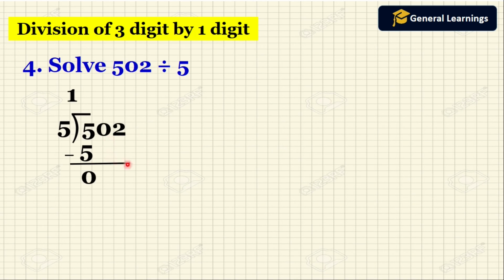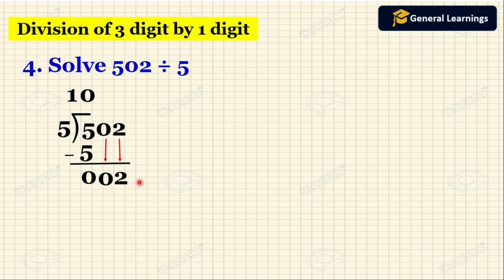Now bring down the next digit, which is 0. Here 0 is smaller than the divisor 5, so we cannot divide that. So we write 0 in the quotient and bring down the next digit, which is 2. Again here 2 is smaller than the divisor, so again we are not able to divide.